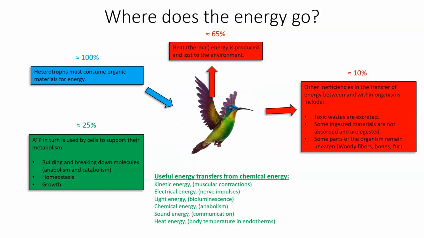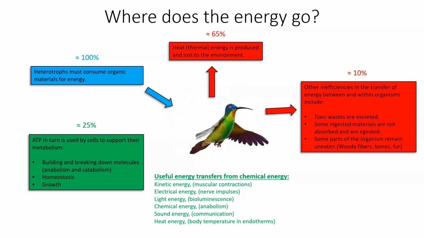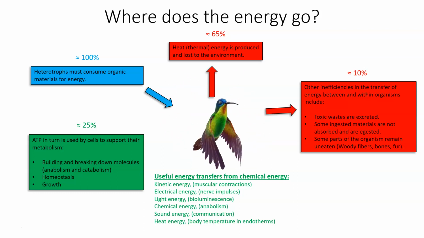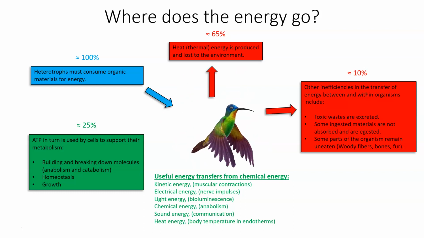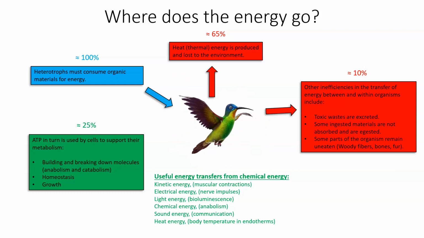Now, because the hummingbird has to live and has to move and contract its muscles, it has to send nerve impulses, it has to break down the materials that it consumed, it has to build up biological biomass, it has to communicate, it needs to maintain its body temperature.